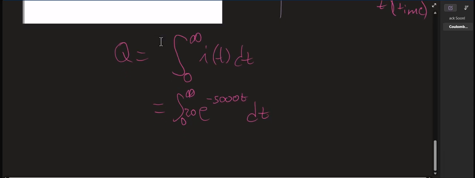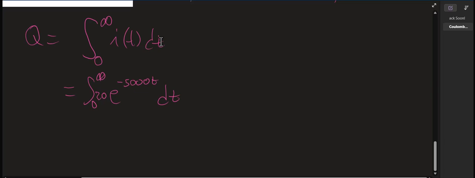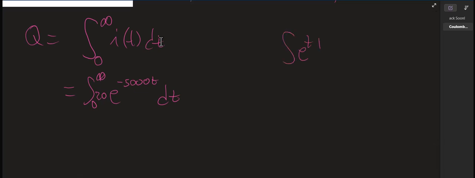And just in case you have forgotten from your Calculus 1, if I have the integral of e to the t dt, that's just e to the t. If I had e to the 5t dt, that's going to be e to the 5t over 5. The way that you learn it in calculus is by doing a u substitution.